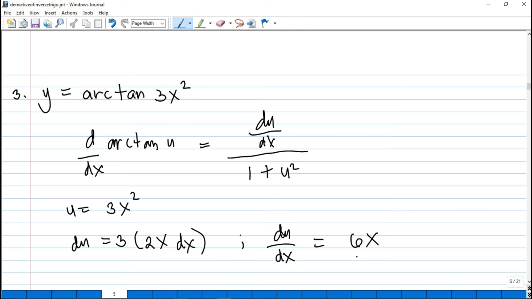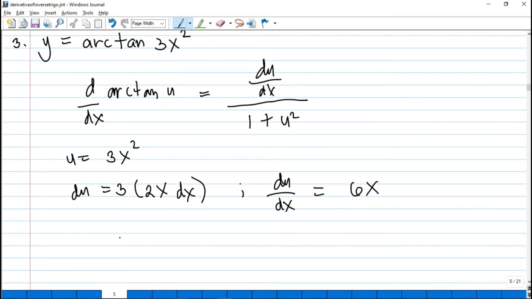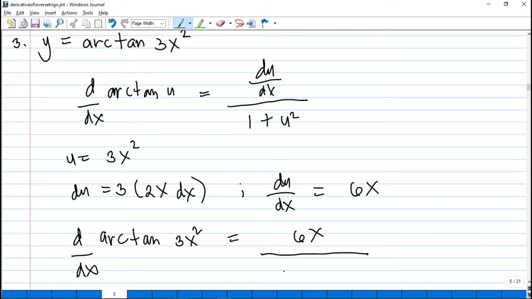Then we plug it in our formula. So the derivative of arctangent u, where u is 3x squared, with respect to x is d over dx, so 6x all over 1 plus, u is 3x squared, then that is squared.